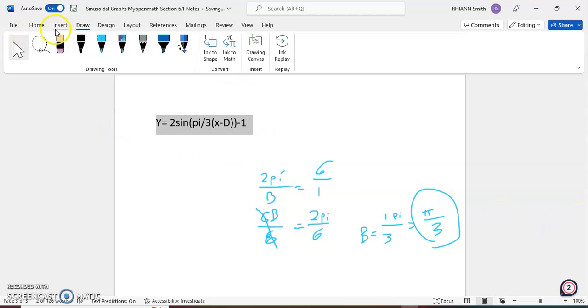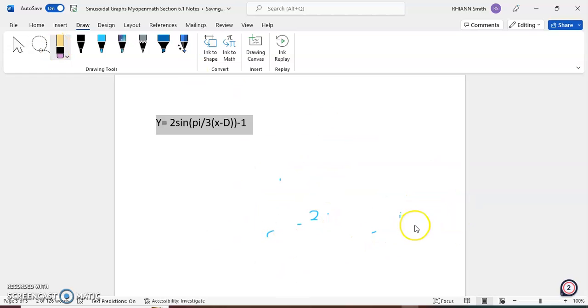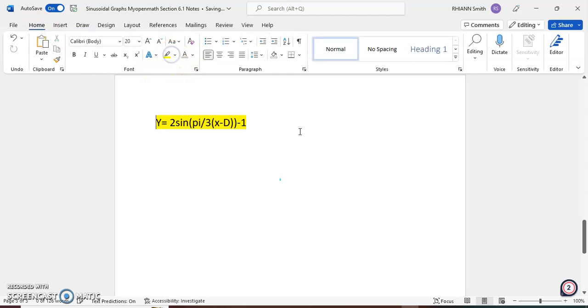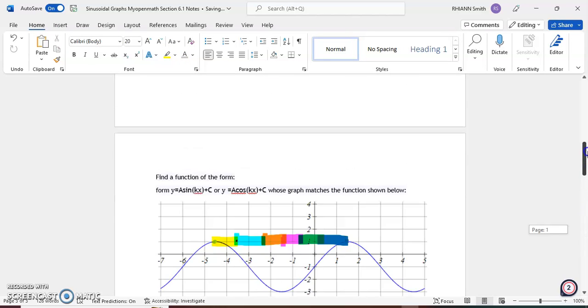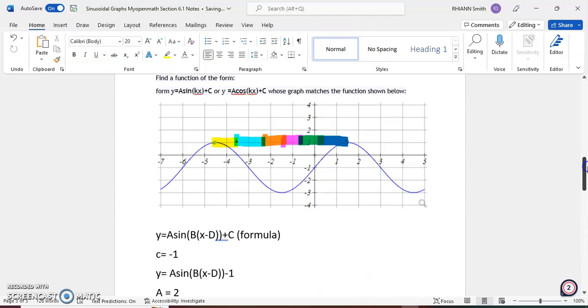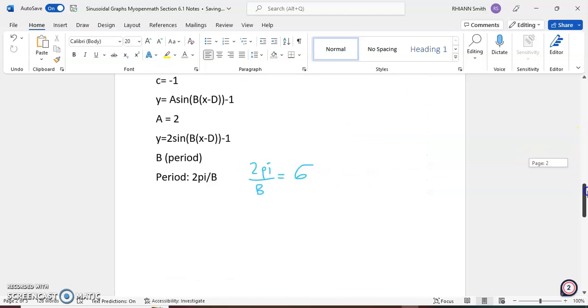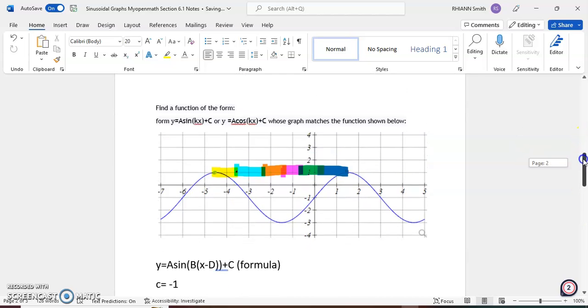Let me erase all of that, and then let me highlight this. Okay, so this is our formula that we have right now. And so we need to see if this requires a horizontal shift. As we know, the horizontal shift is represented by D.